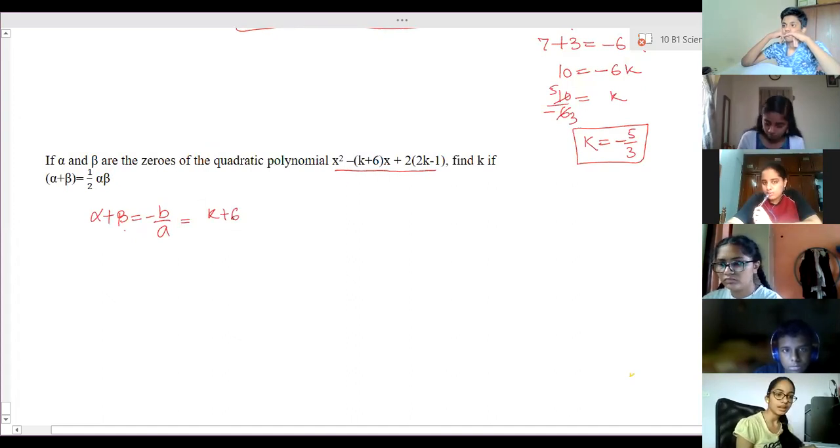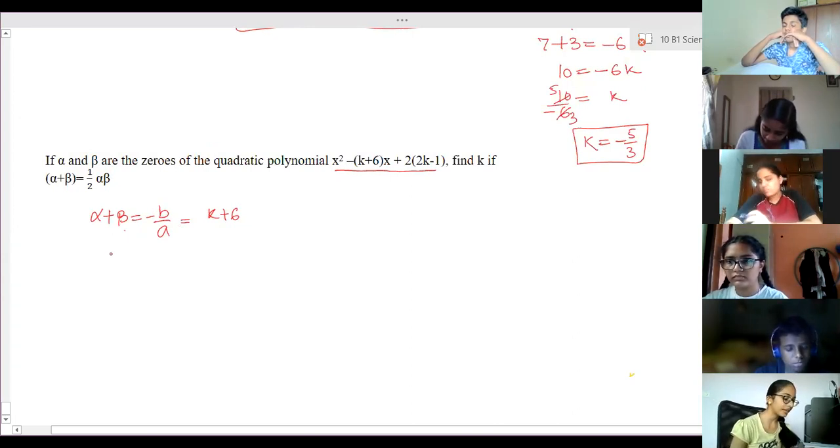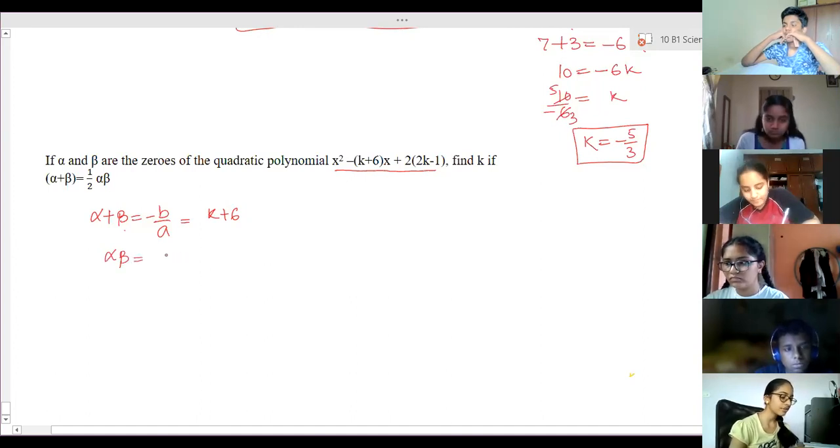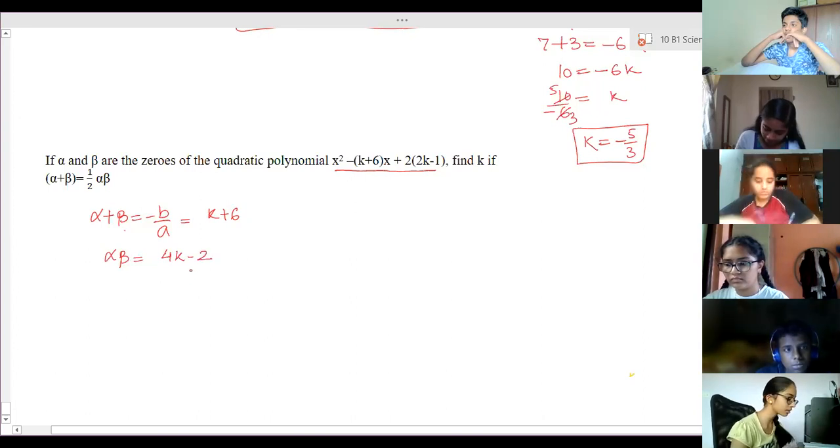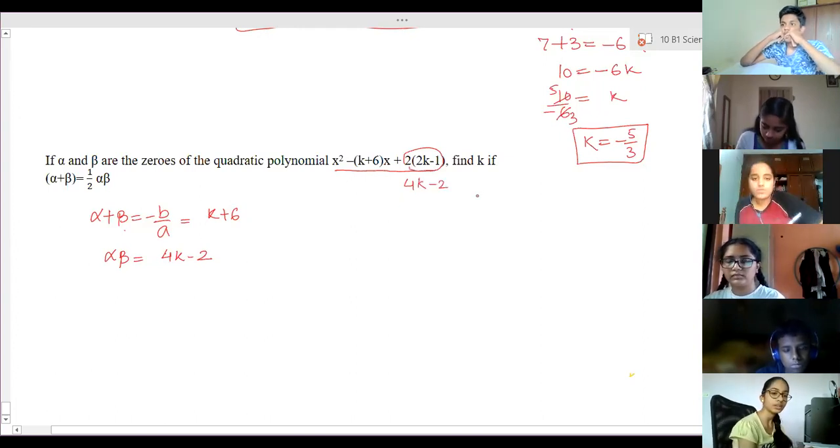Minus of minus k plus 6 is plus k plus 6, by 1. Then we find the product of zeros, alpha beta, which is 4k minus 2 by 1. So 2 into 2k minus 1 will become 4k minus 2. C value is 4k minus 2, A value is 1. So C by A is 4k minus 2.